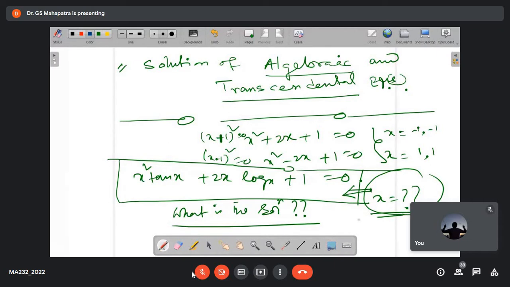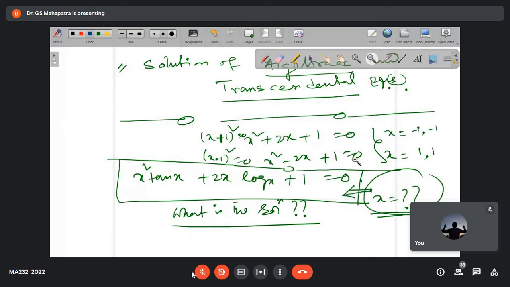You need the exact solution, or a solution very close to the exact solution. To find the solution of a problem which is not solvable using the traditional method, you have to apply numerical techniques.